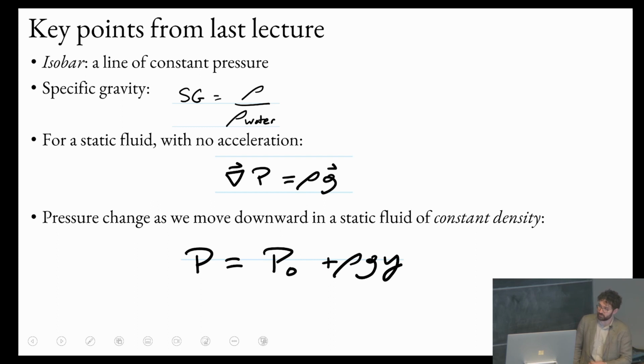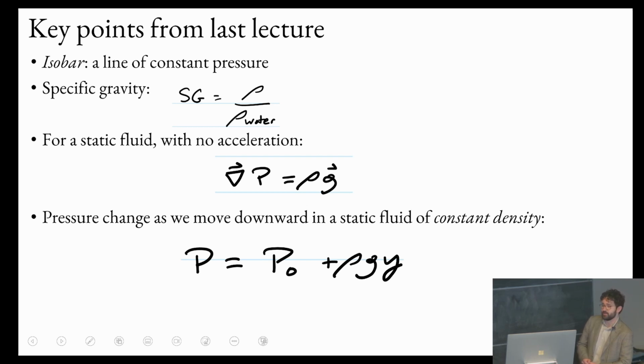We then integrated that equation to derive the equation shown there. So as you move downward along a line in a static fluid of constant density, the pressure increases linearly with depth. So that's P equals P0 plus rho gy. P0 there is the pressure at y equals 0. We'll see that that's the more general definition today.